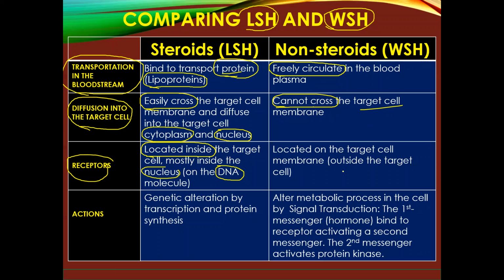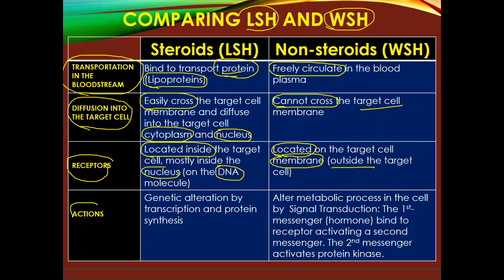For the non-steroid or water-soluble hormones, because they are unable to enter the cell, the receptor is located outside the cell, on the plasma membrane, because the hormones cannot enter into the cell.